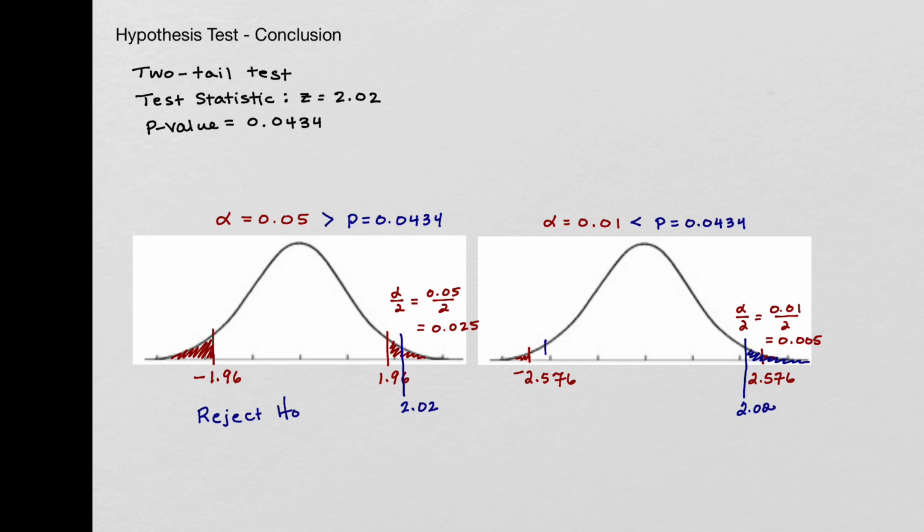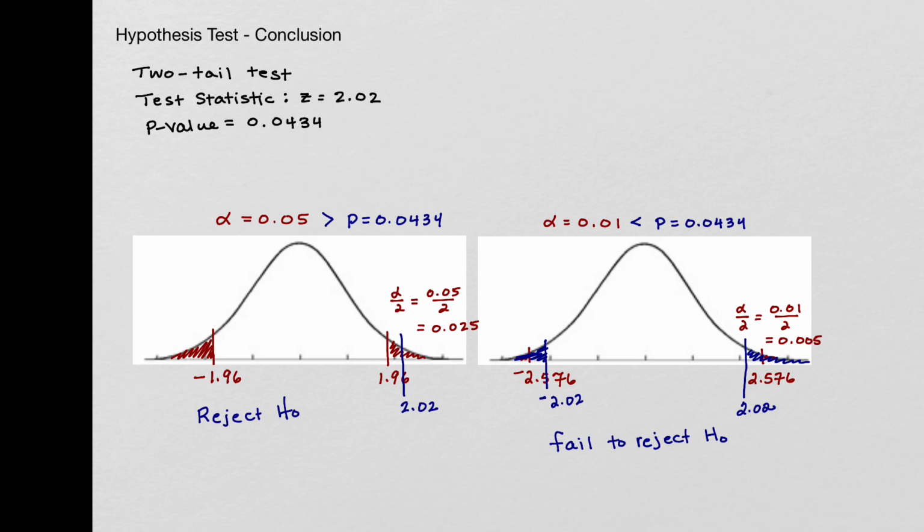We're going to make a matching negative 2.02 on the other side because it's a two-tail test, and cover that, and we see that the p-value is larger. So because the p-value is larger, or because our test statistic is not in the critical region, we fail to reject the null hypothesis, or do not reject the null hypothesis. So that's how we conclude whether or not to reject the null hypothesis.